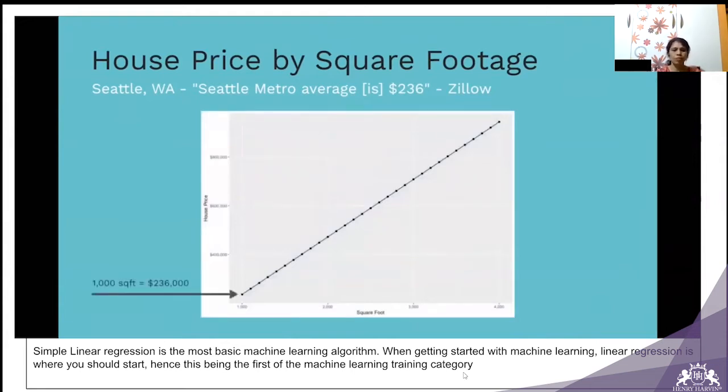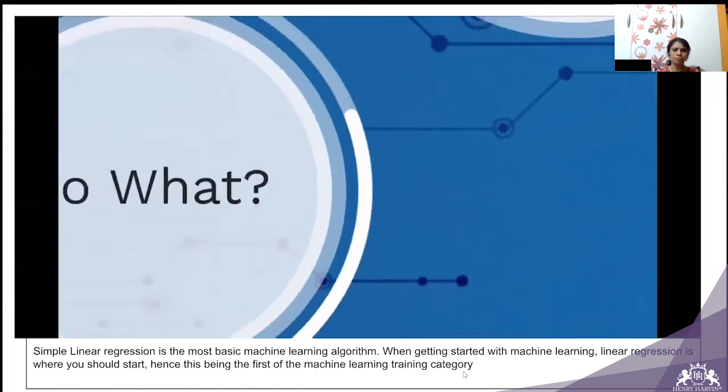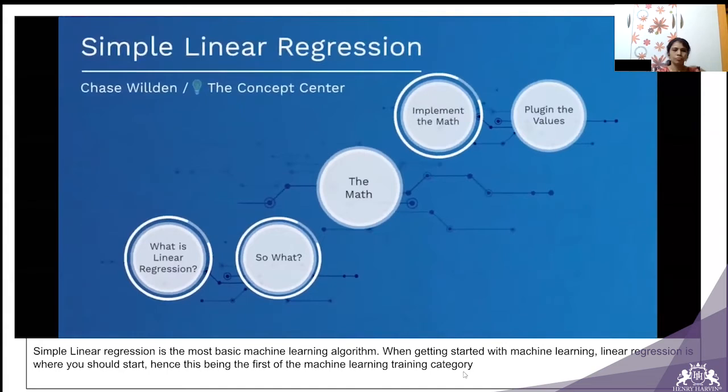A 1,000 square foot home equals $236,000. Well, what does a 2,005 square foot home cost? If we look at this graph, we can put a point there and determine that it's going to be roughly $473,180. Let's look at the math behind linear regression.